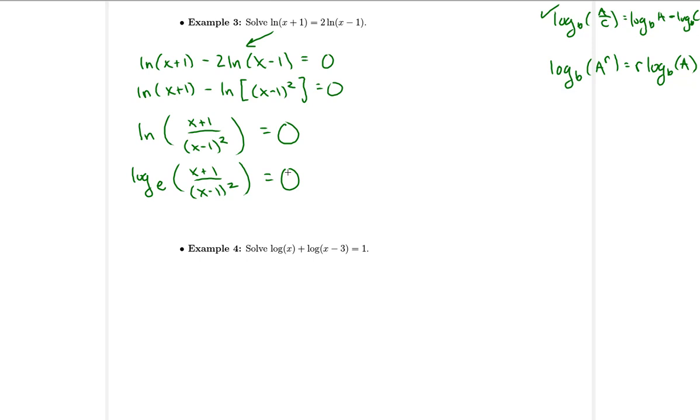And so you might find it helpful to go ahead and take the time to write that out, because that reminds you that when you go to rewrite it in exponential form, it'll be e to the 0 is equal to x plus 1 over x minus 1 squared. So to continue on here, e to the 0 is of course just 1.